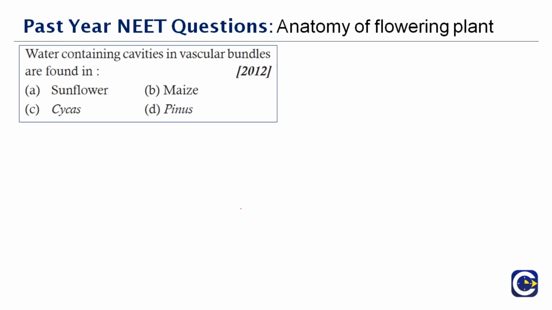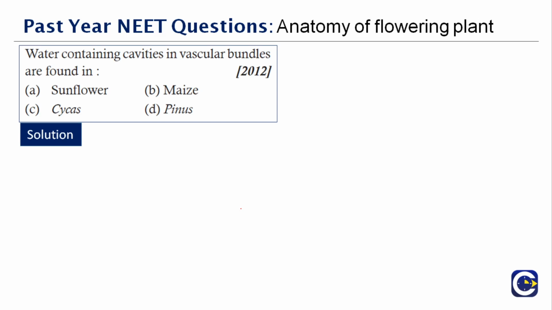Next question here. Water containing cavities in vascular bundles are found in dash. Again we are talking about vascular bundles. I said it's a strand of conducting vessels in the stem or the leaves of the plant, typically with the phloem outside and xylem inside. What does a vascular bundle contain? It contains a long continuous strand of conducting tissues which are separated by the cambium in plants that undergo secondary thickening.